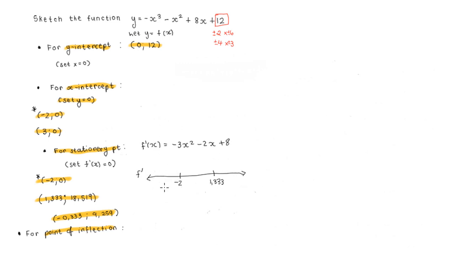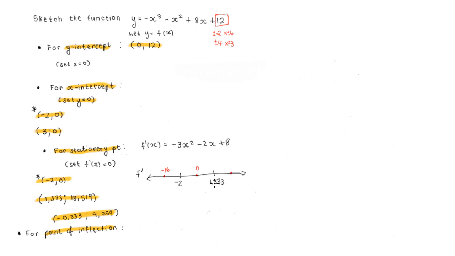So for the open interval from -infinity to -2, we can choose a test value of say -16. Why not? And for the open interval between -2 and 1.3 recurring, let's choose a test value of 0. That's a nice test value.